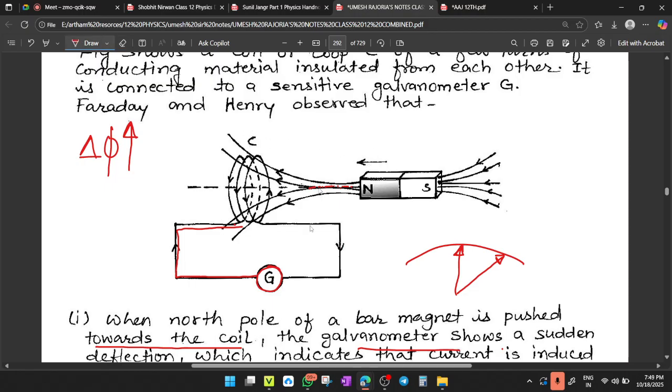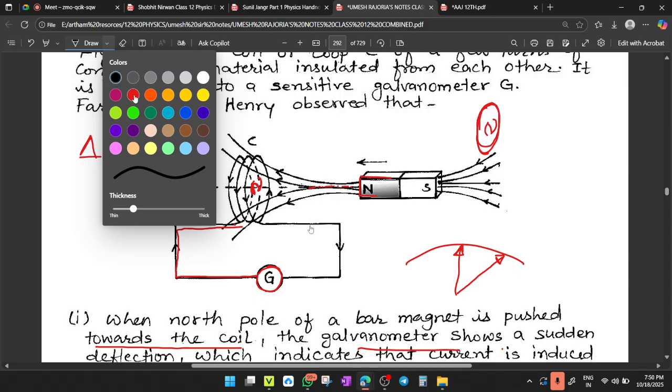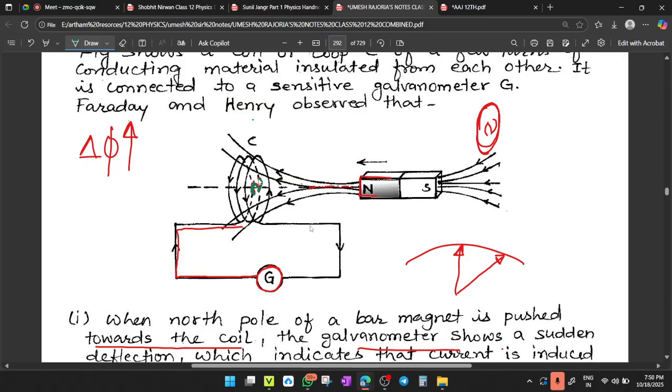After some time we will study Lenz's law, and according to Lenz's law, if you keep this north pole towards this coil, then the very first turn, which is facing the magnet, becomes north. Like here it is facing the magnet. Clear? So it becomes a north pole, right?